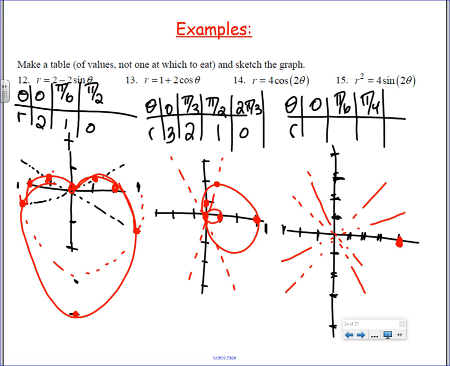Okay, you guys are already plugging in at pi over 6, which is going to be pi over 3. 1/2 times 4 is 2. So pi over 6, I can go out to my 2. At pi over 4, pi over 2 is what happens when I plug it in, which will be 0. So now I'm in here.